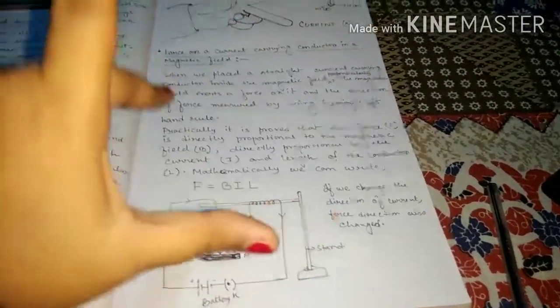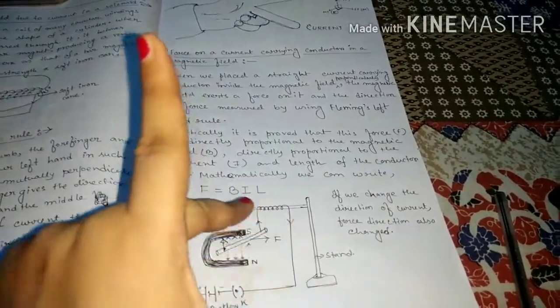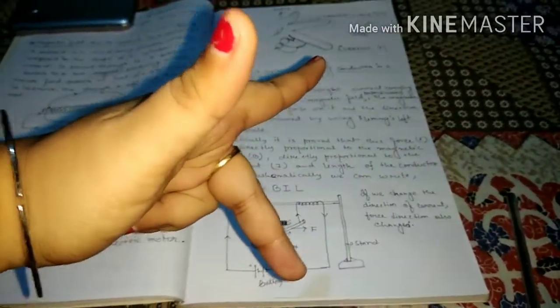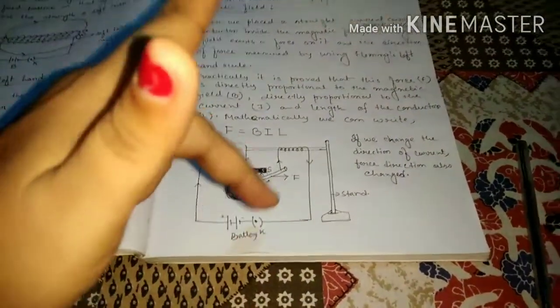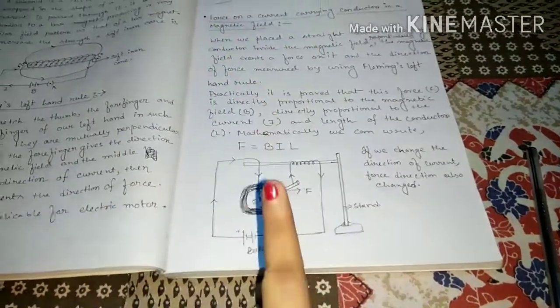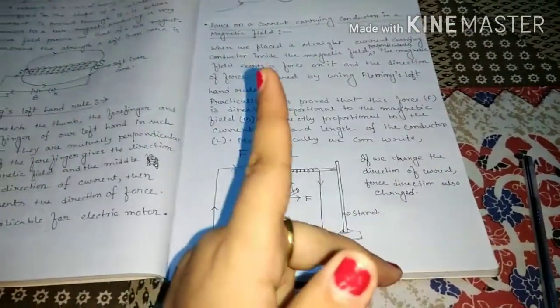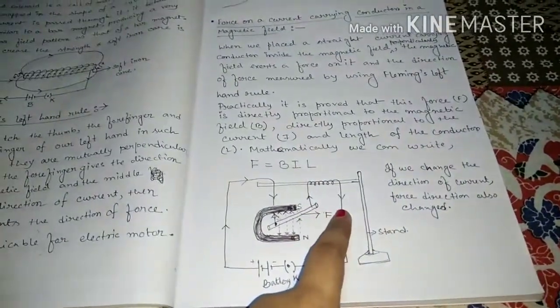In which direction is the force exerted? First you stretch your hand with the fingers mutually perpendicular to each other, and according to the diagram represent your fingers this way. Magnetic field this side to this side, current this side to this side, so the force is in the outward direction.